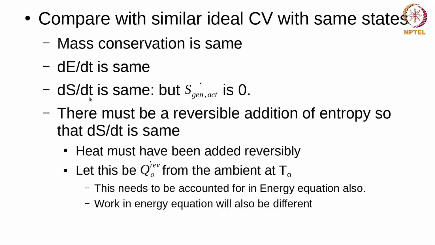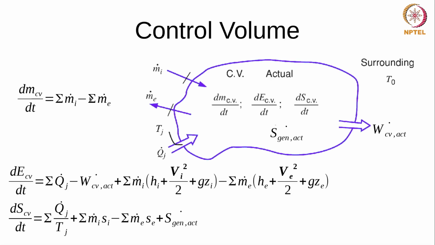So what we see is in the equations we had here, the left hand side is the same for all of these cases. The left hand side is the same for both the actual control volume as well as the ideal control volume. For these two equations, the left hand side is the same.